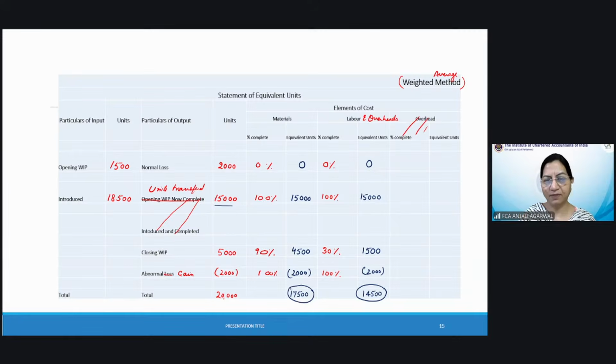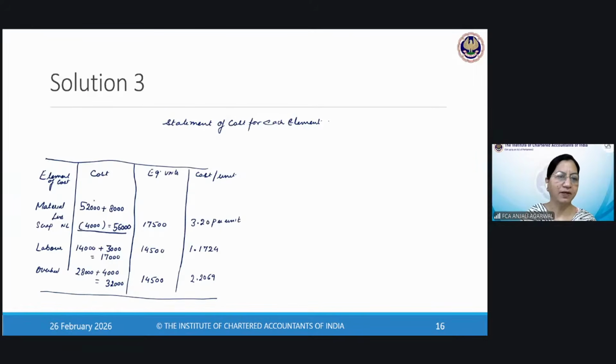So simply pick up the statement of equivalent units from this table, 17,500 and 14,500. So this statement becomes simple. Pick up the figures from the question, subtract the scrap realized from normal loss from the material and divide it by the units which you have calculated in the first statement. So you will get the cost per unit for each element of cost.